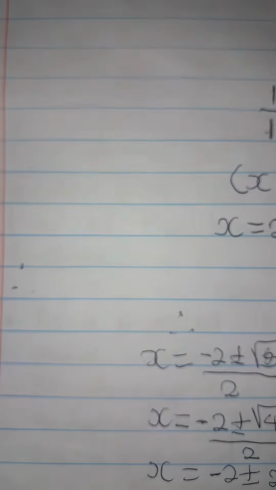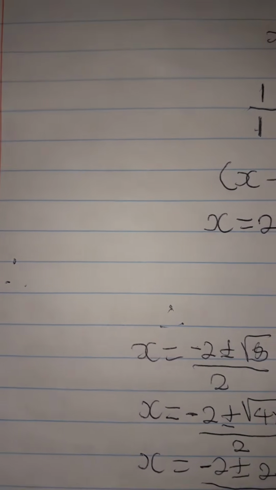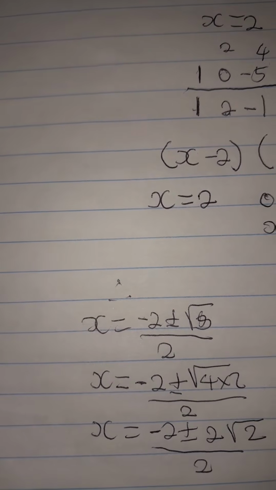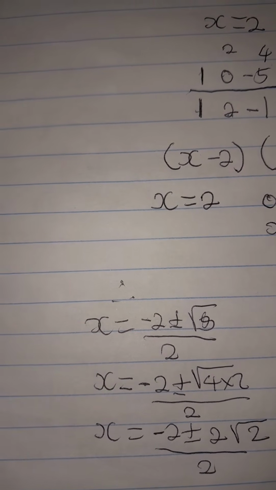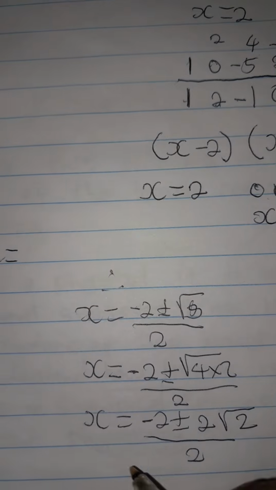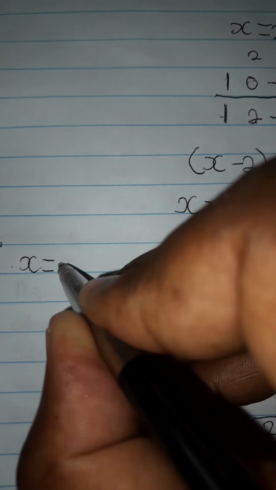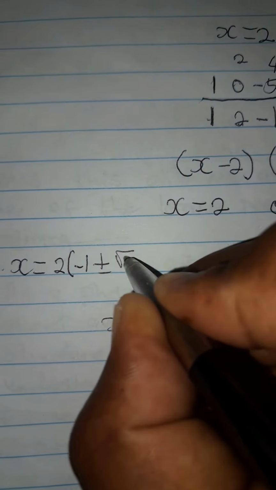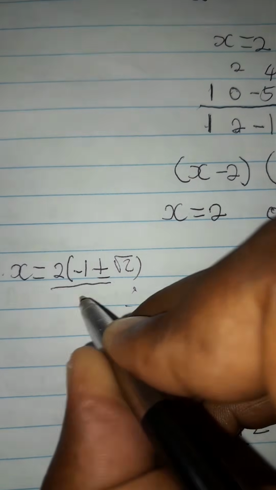We are not done. We can continue further from here. When you take out the highest common factor, what are you going to have? The highest common factor is 2 in this case. So we can have 2 times negative 1 plus or minus root 2, divided by 2.